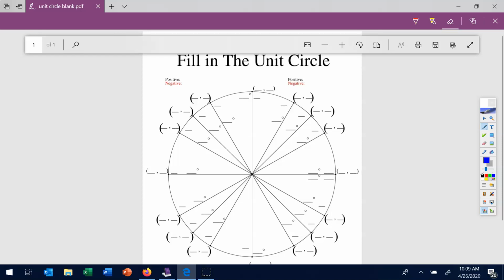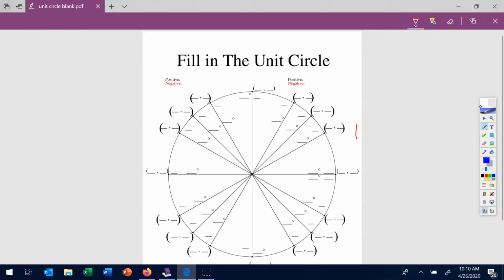We'll just start here at this angle. This is both the initial and the terminal side for this angle right here. So this would be 0 degrees. Okay, this would be 0 degrees if we hadn't started yet, or 0 pi.